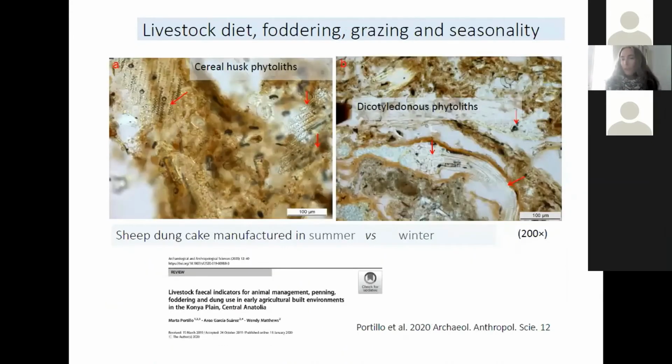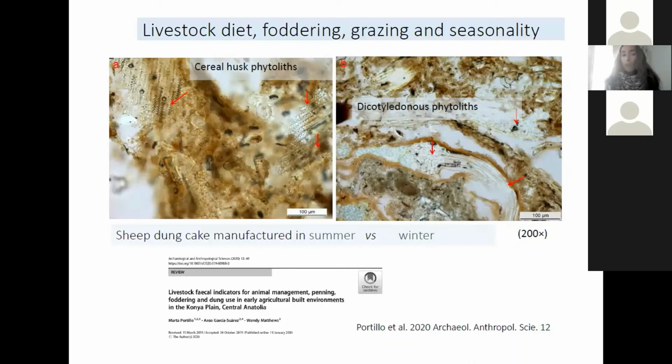So with these materials, we can get a lot of information on the diet of animals, on the grazing and seasonality activities. In this case, this example was quite nice because we have all the information about the manufacturing of these dung cakes according to different seasons, and especially in summer, springtime.